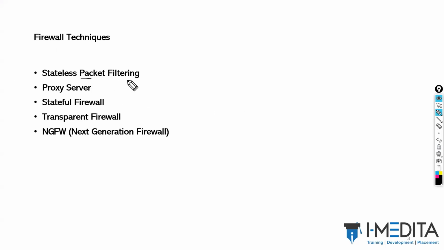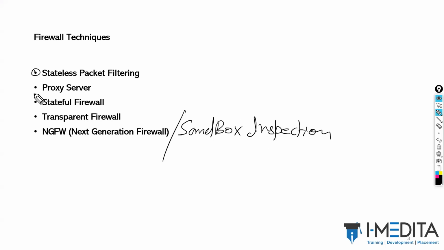These techniques are packet filtering, proxy server, stateful firewall, transparent firewall, and next generation firewall. Next generation firewall is called sandbox inspection, which I told you about yesterday. Now let's start with the remaining techniques.